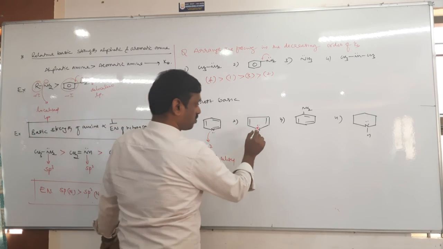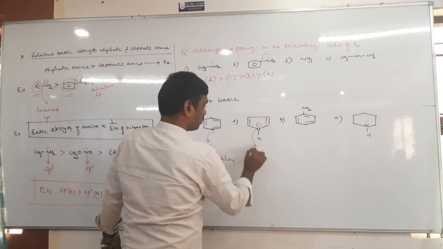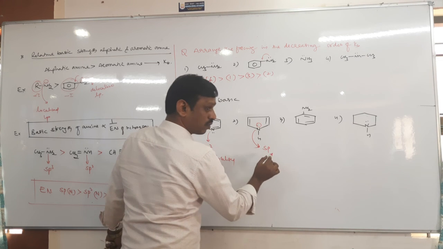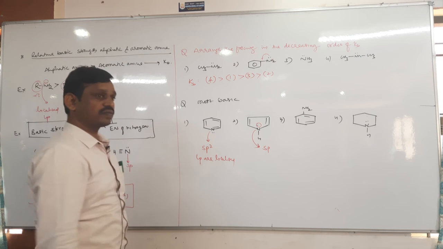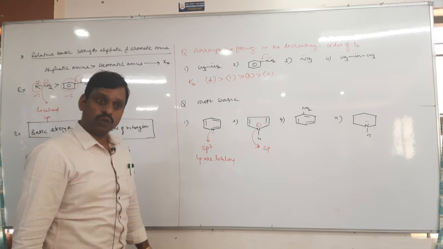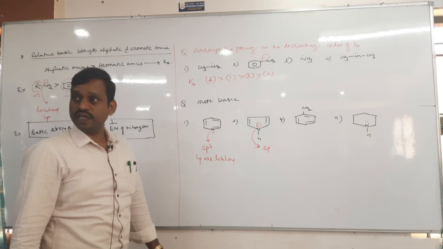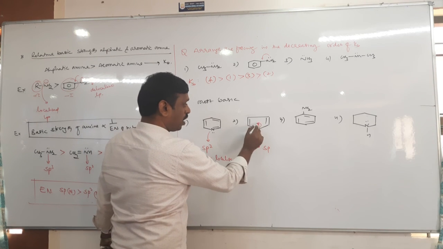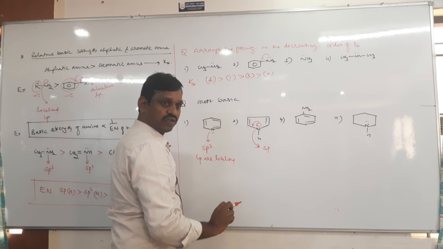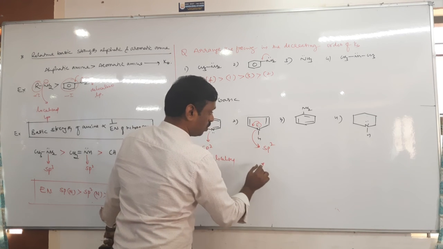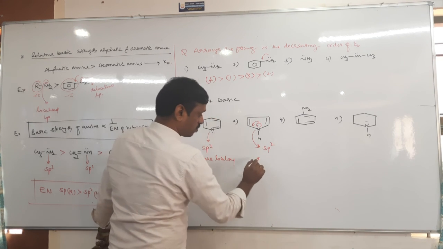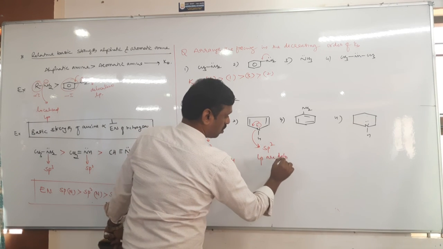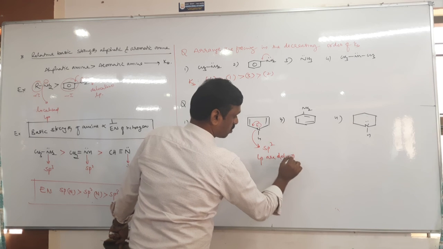Okay, next, what about this? It is sp2, aromaticity, 1, 2, 3. This lone pair is involved in resonance, not hybridization. So therefore sp2, and whether delocalized or localized, the lone pairs are delocalized.